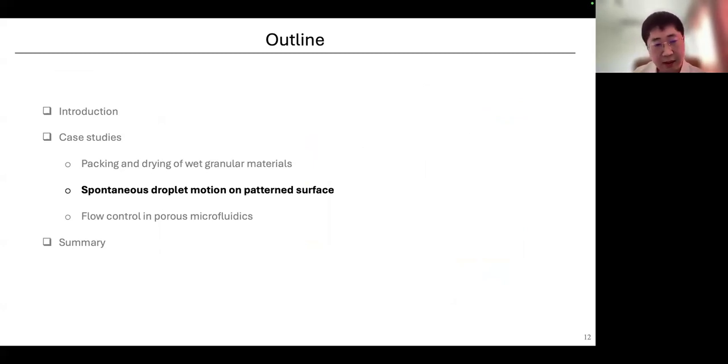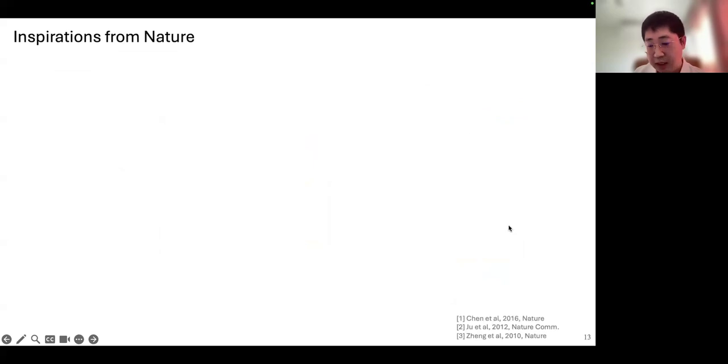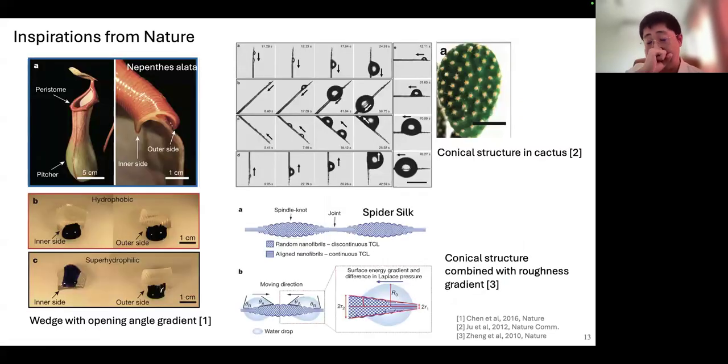The second case study is droplet movement. First of all, I just want to bring up a few papers that inspired this study. In the past, people have studied how liquids spontaneously move on surfaces.